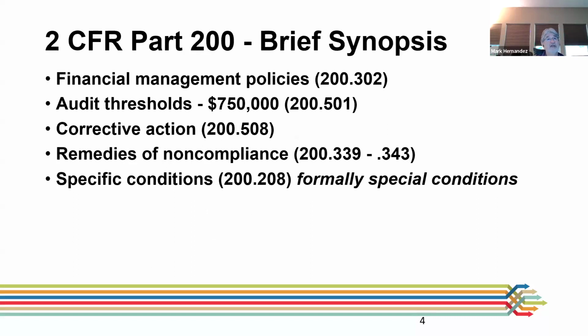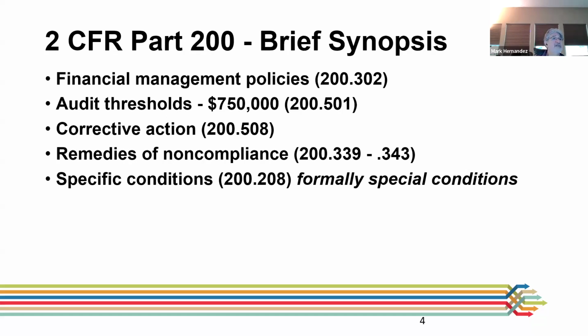So we'll be talking about how you do certain things in the operation, which will also be the fund accounting. We'll have examples at the end that will kind of meet with the audit threshold, corrective actions, remedies of noncompliance, and specific conditions.